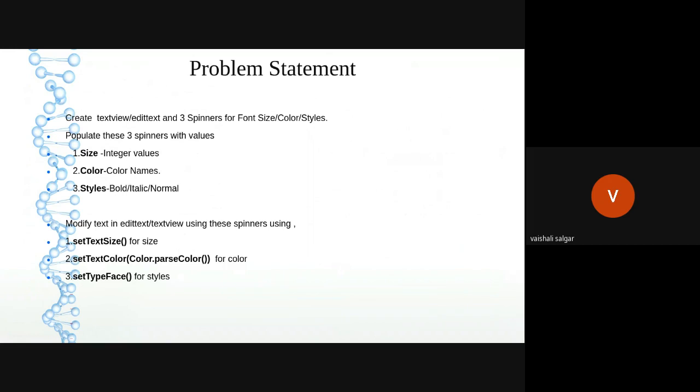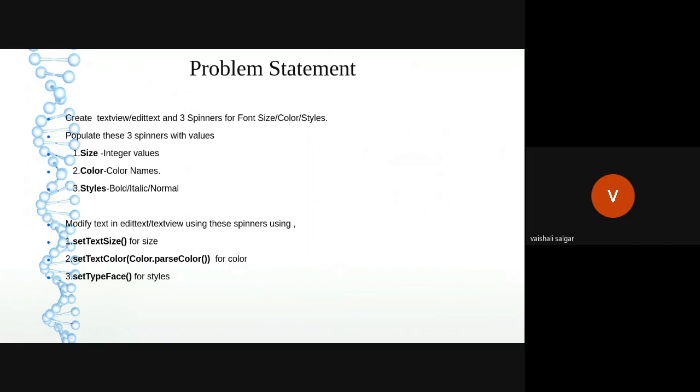And the third, in order to change the style, the method which is used to change the style is set typeface. So by using set typeface, it allows us to change the style of the text.